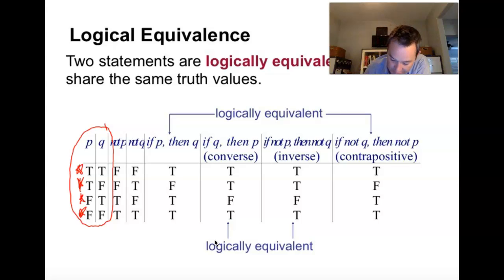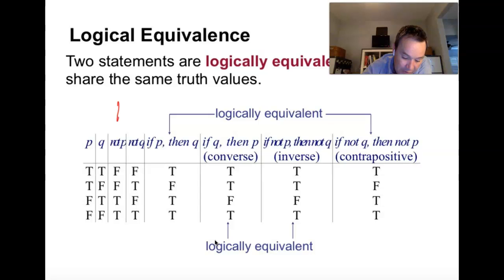Okay, so what next? Then we see the negation of each. This is the negation for P, and that's the negation for Q. You can see that the negation for P is the opposite of P at every value, and the negation for Q is the opposite of Q at every value. All right, and then we see our logical connectors.